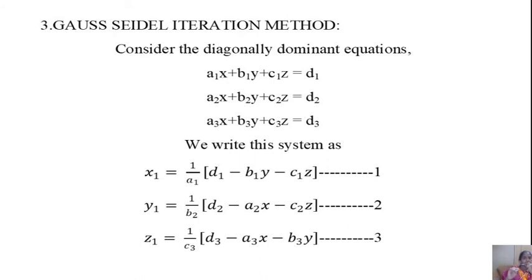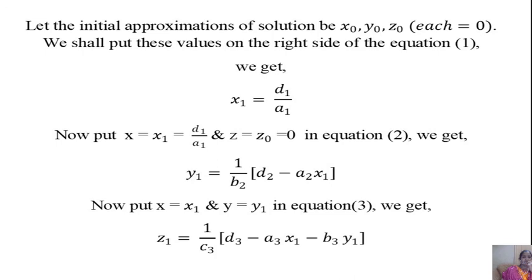So we get x is equal to 1 upon a1 times d1 minus b1y minus c1z; name it equation 1. Similarly, y is equal to 1 upon b2 times d2 minus a2x minus c2z, and z is equal to 1 upon c3 times d3 minus a3x minus b3y; name it equation 3.